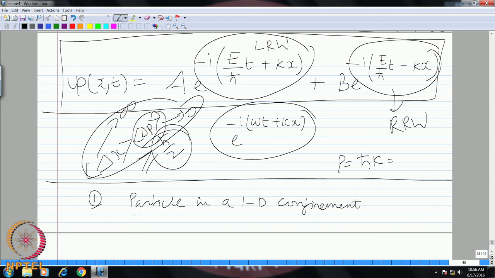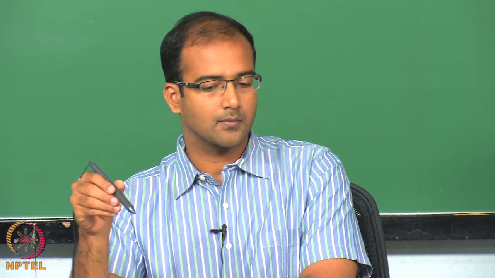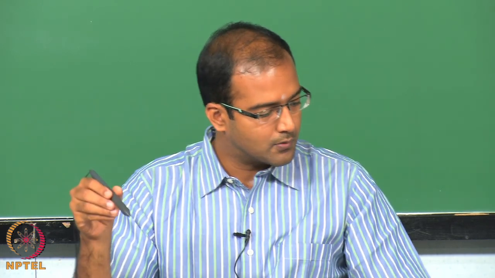When we started the introduction to waves, I just solved the simple wave equation for a particle subjected to a confinement, a thin film or whatever it is, and then we got the solution in terms of sines and cosines. We found out the solution for the energy and so on, and now we are going to do the same example in a more rigorous way by solving the Schrodinger's equation. So, this we will take up tomorrow. We will first complete the one dimensional case, then we go to a 2D confinement.